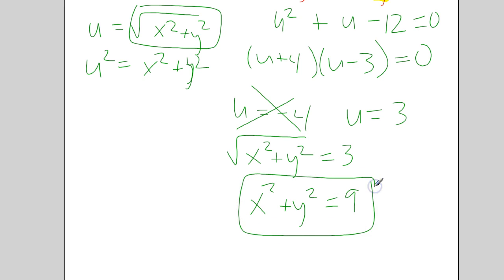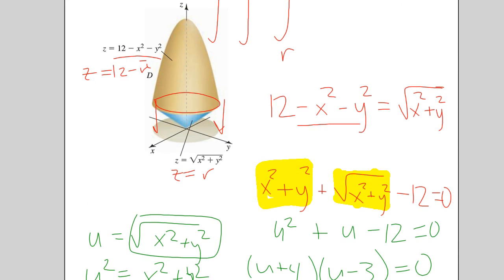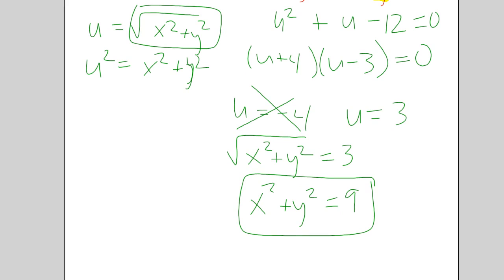So that's a circle, radius 3, right there. And so what would that be in polar coordinates? That would be just r equals 3, and theta is going from 0 to 2 pi again.